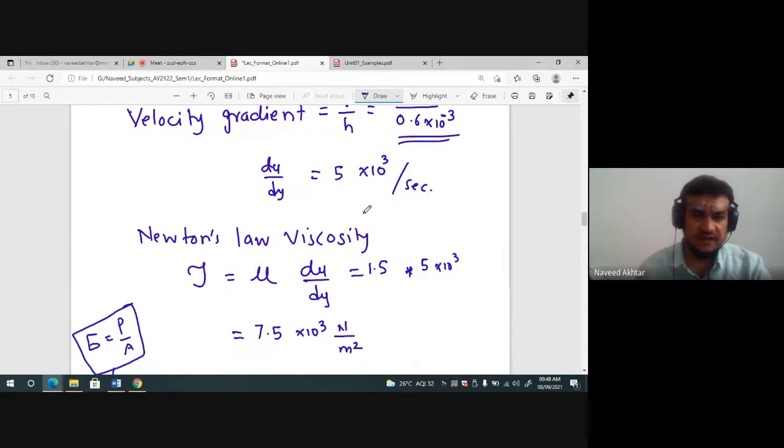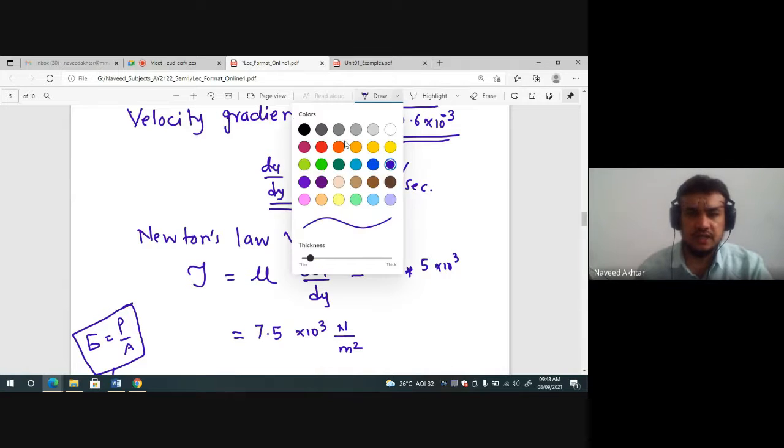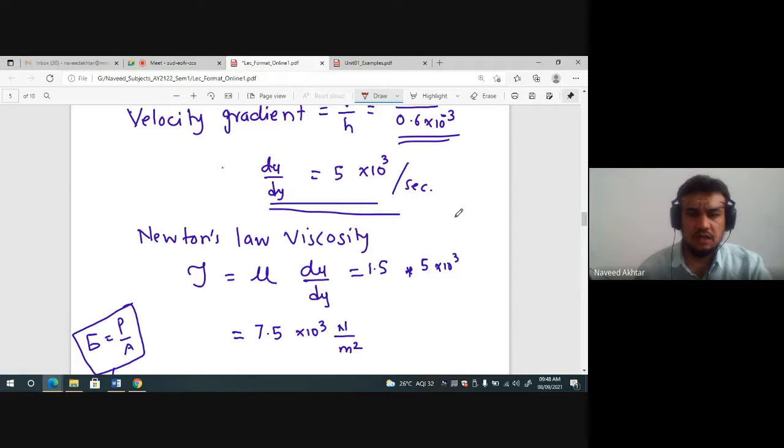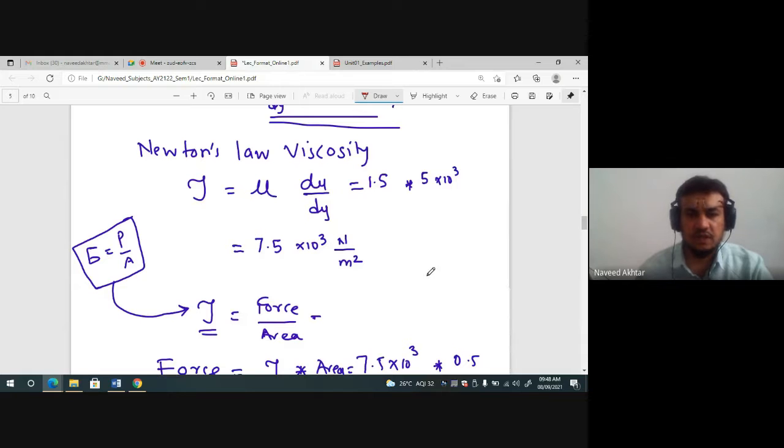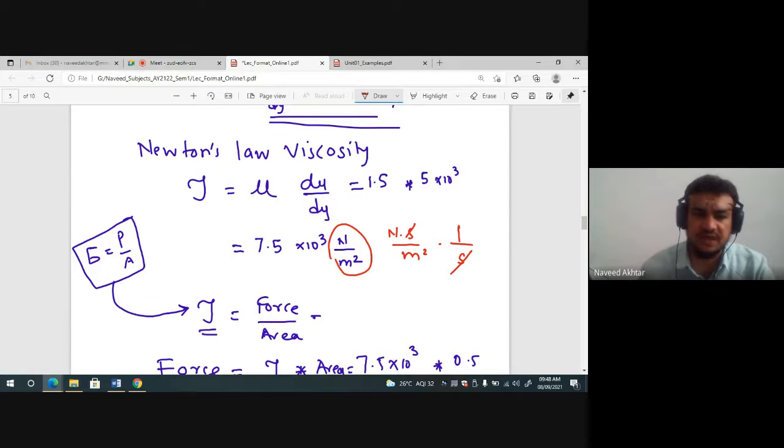We get the value of du by dy, that is 5 into 10⁻³ per second. Here your viscosity is Newton second per meter square, and this value you find out per second. So this second will cancel, and Newton per meter square will remain.